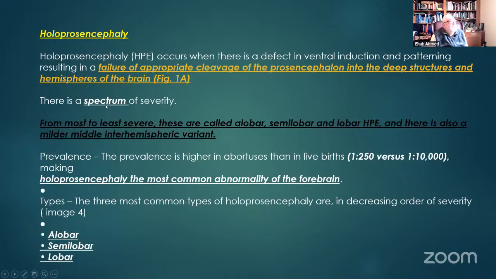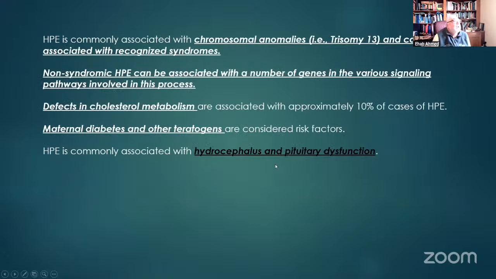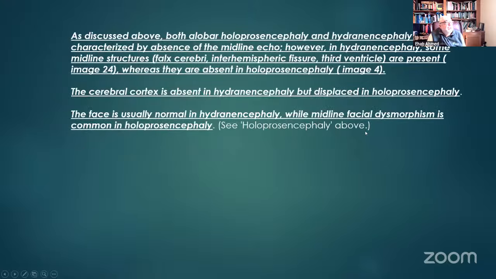There is a spectrum of severity, and it could be alobar, semi-lobar, or lobar. The alobar is the worst, the semi-lobar is intermediate, and the lobar is the best. It could be associated with hydrocephalus, pituitary dysfunction, because it affects midline structures.